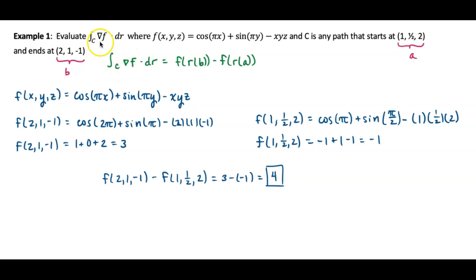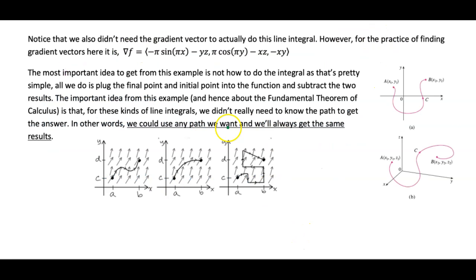Something to note here is that when we took the dot product of the gradient of f and dr, we didn't even need to find the gradient because of this theorem. And another important thing here is that it doesn't matter what path we take. This theorem, you could say, is path independent.